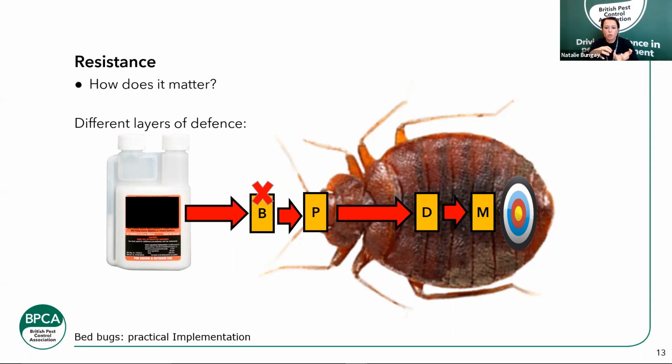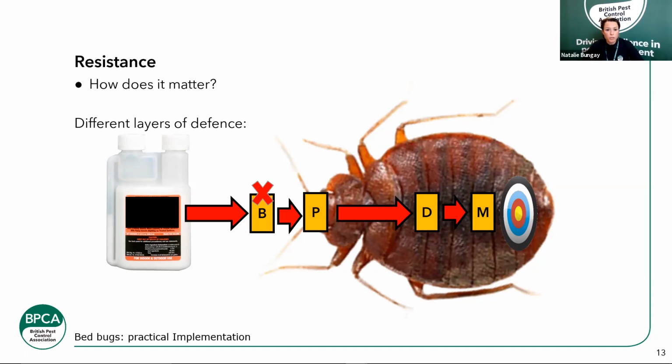So what that chemical was produced to be able to work on, certain systems within the bed bug, it's not going to actually fit together properly. So it's not going to control the bed bug, it's not going to kill it. It's just not going to work. It'll get to that target zone, but that target zone has adapted and changed that they just don't fit anymore. It's like a square into a circle.